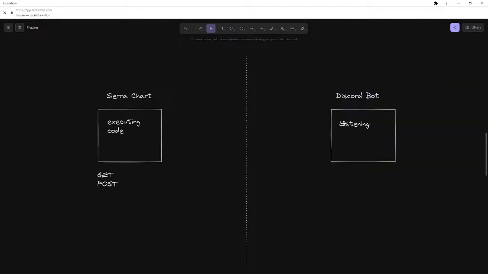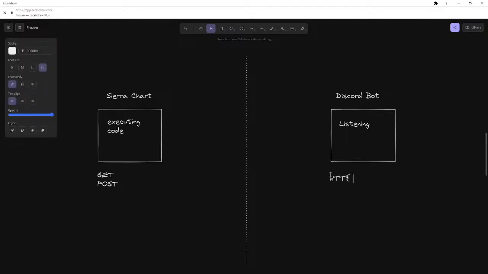What is it listening for? Is it listening for HTTP requests? If yes, then which HTTP method? Because there's several. There's get, post, put, delete, and a bunch of other ones that are less commonly used.